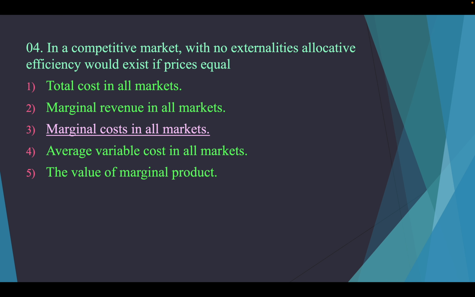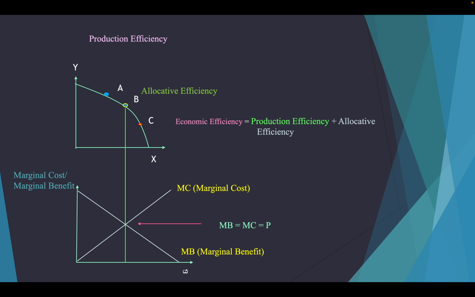Here, fourth question. In a competitive market with no externalities, allocative efficiency would exist if prices equal what? First of all, children, we'll identify what allocative efficiency is. You can see there are two diagrams. The first diagram shows productive efficiency. Productive efficiency means, children, taking the maximum output from the least inputs.